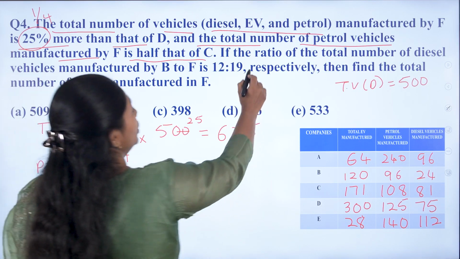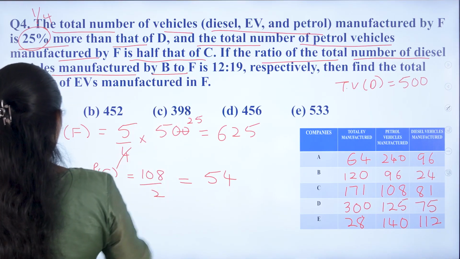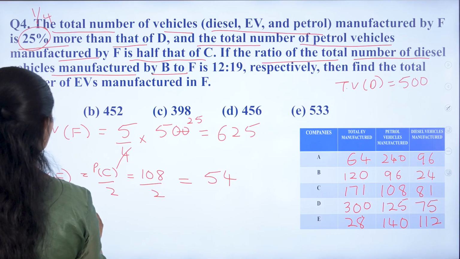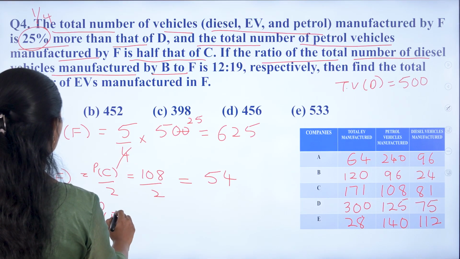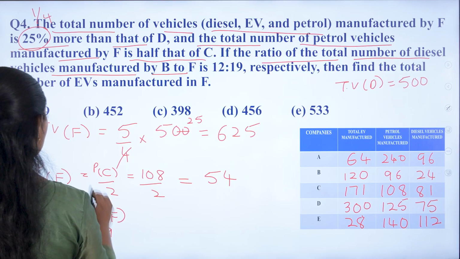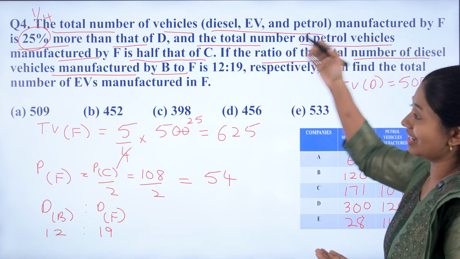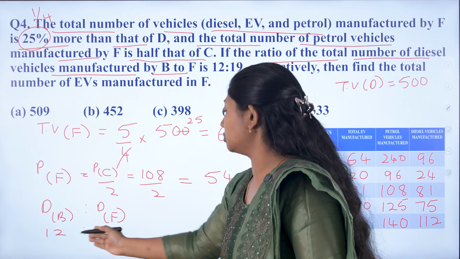Now, if the ratio of the total number of diesel vehicles manufactured by B to F, diesel of F, how much are they saying? 12 is to 19. See, the ratio of diesel vehicles manufactured by B to that of F is 12 is to 19.